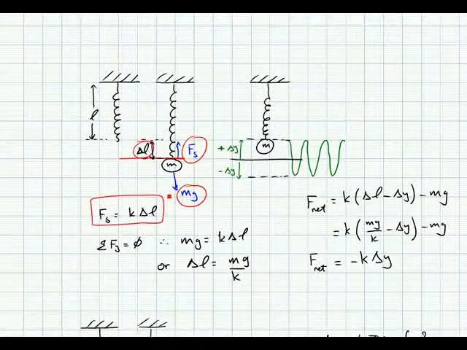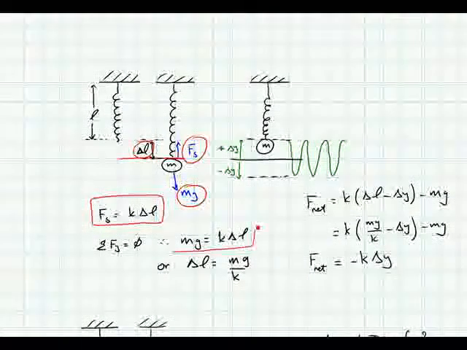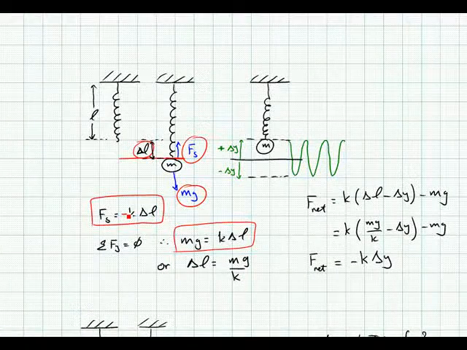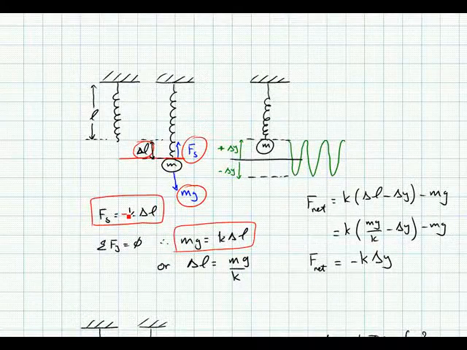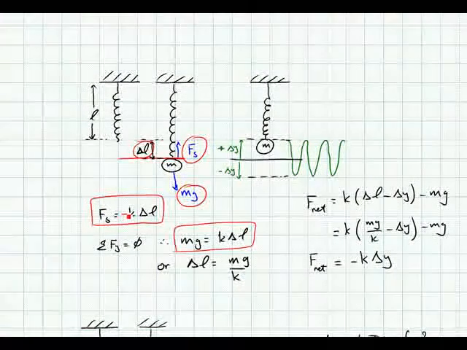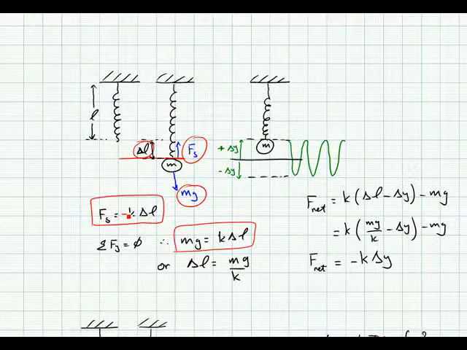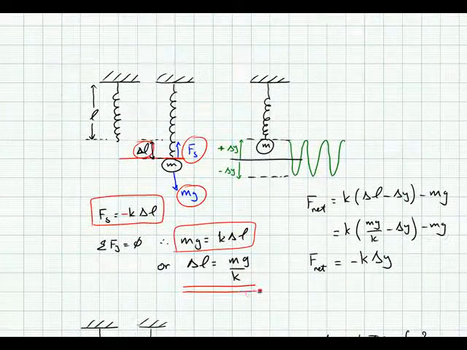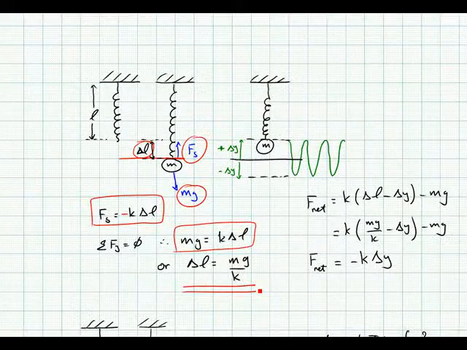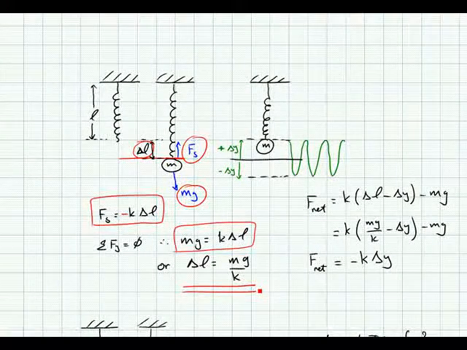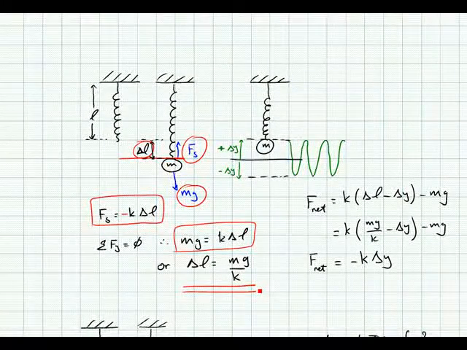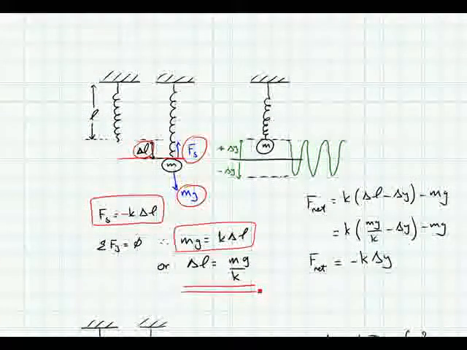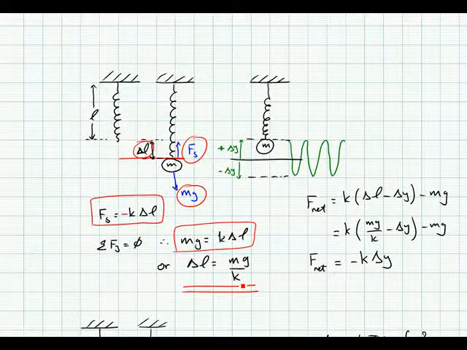And since the mass is in equilibrium, mg must equal K delta L. Actually, I forgot a negative sign there. So mg must equal K delta L, and what we thus have is that delta L, the extension, is equal to mg over K.